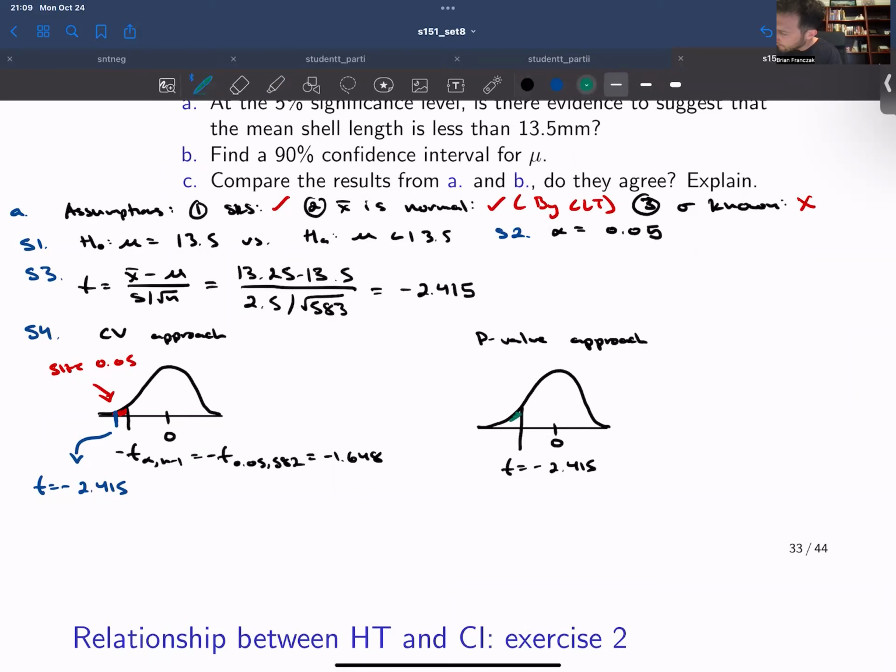Because it's a lower tail test, the p-value is the area below the test statistic. So the p-value is to the left of negative 2.415. What we would have here is the p-value is equal to the probability that t is less than negative 2.415.